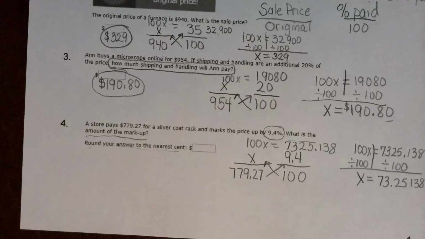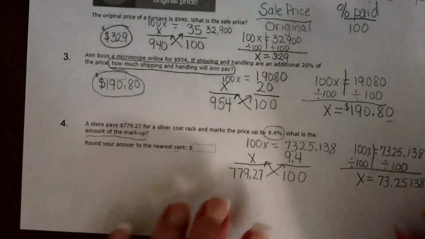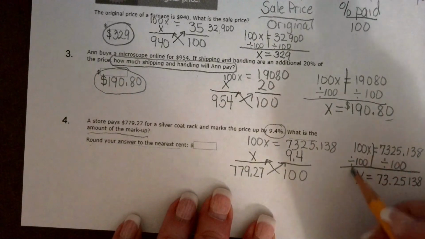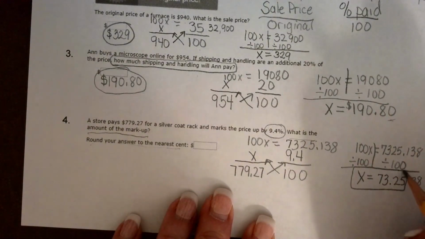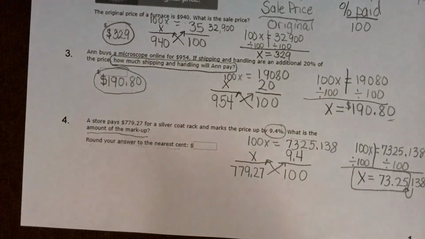So I'm just going to check my math on that really quick, but when we're talking about money, we only have 2 places after the decimal. So we are looking at this, and we are using that 1 to round the 5.